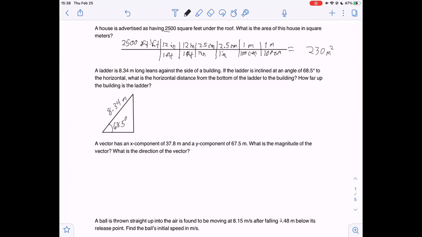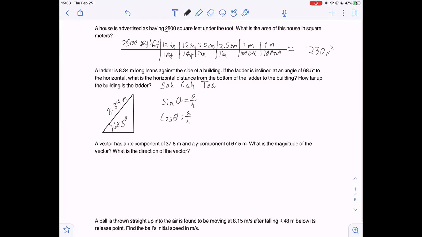Our SOHCAHTOAs. So we got sine of theta is equal to opposite over hypotenuse, and cosine of theta is equal to adjacent over hypotenuse.